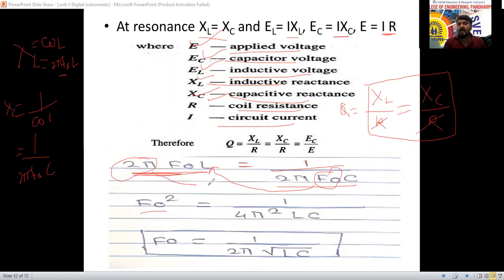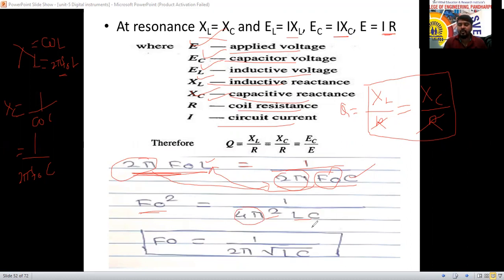The 2 pi in the LHS numerator I will send to the RHS, where it multiplies the denominator. So 2 pi into 2 pi is 4 pi square. Then L and C, LC, we have here. So F naught square equals 1 by 4 pi square LC. So F naught equals the square root of 1 by 4 pi square LC.